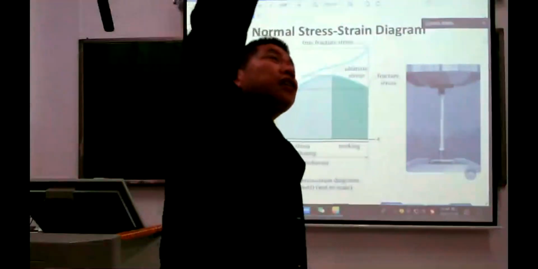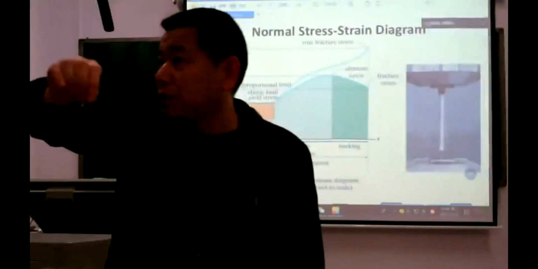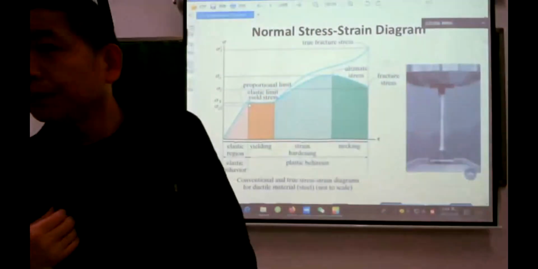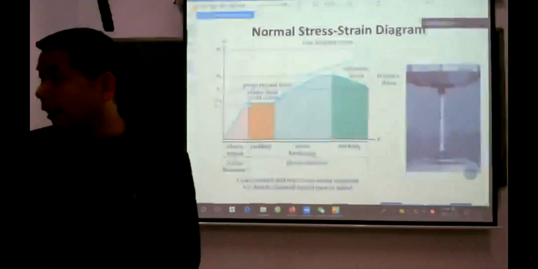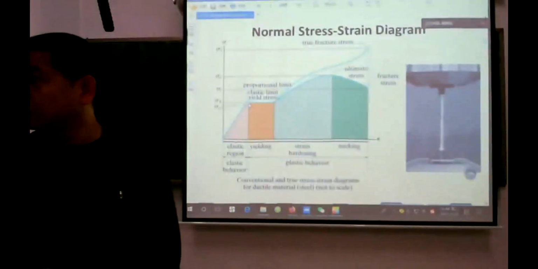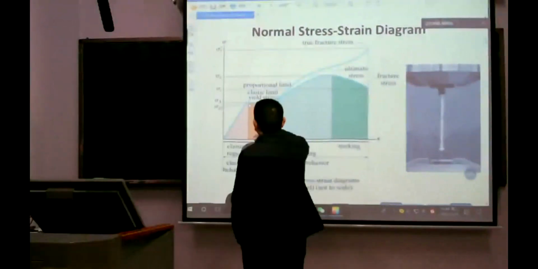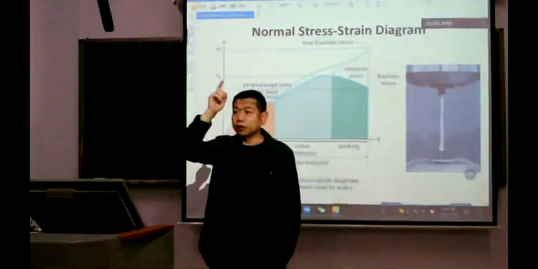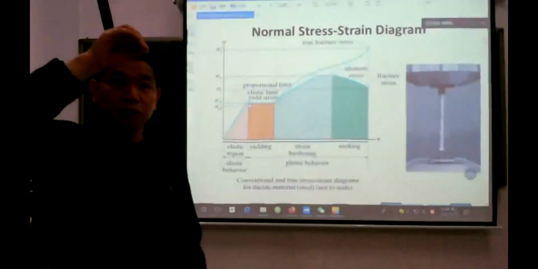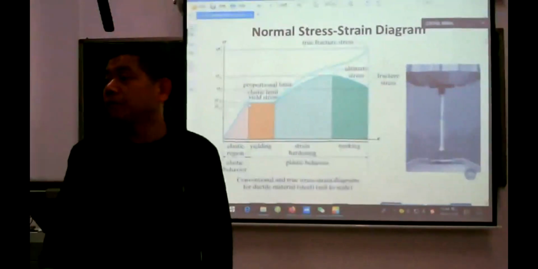because in this location, in this region, the material is in tension. But in the steel, we can't permit the stress to be more than the elastic limit. The stress in the steel must be less than the elastic limit.